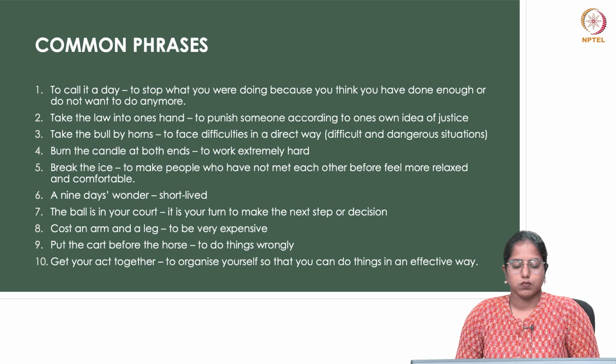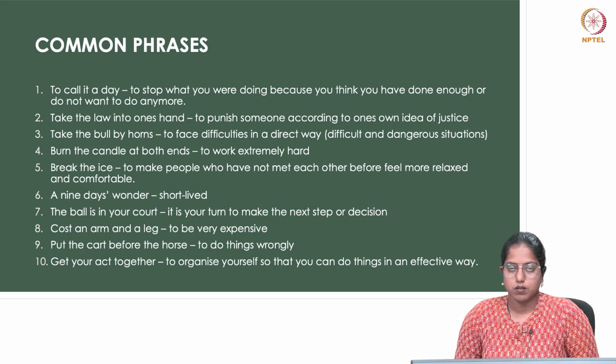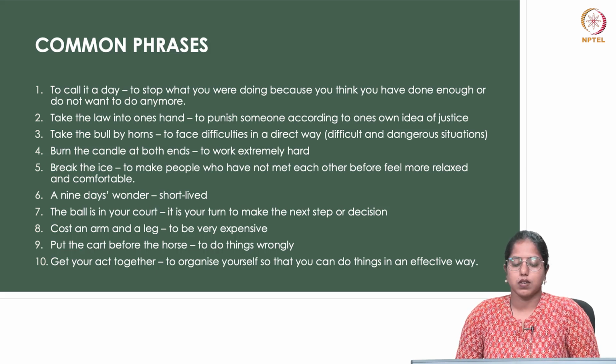So he's so disappointed that the existing law has not done anything against his daughter's killer. So he decides to punish the killer. So instead of saying he decided to punish the killer, you could say the man decided to take the law into his own hands.